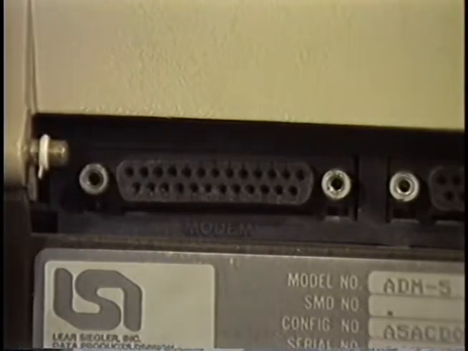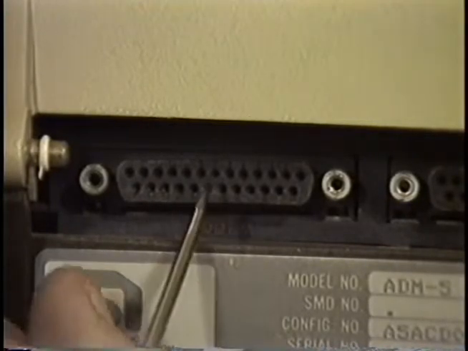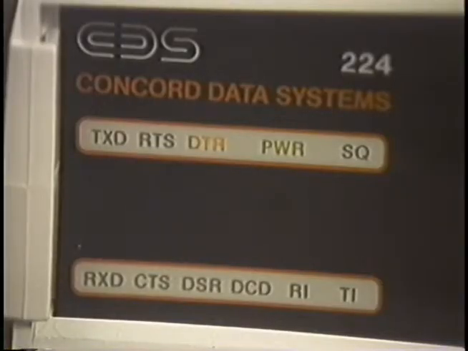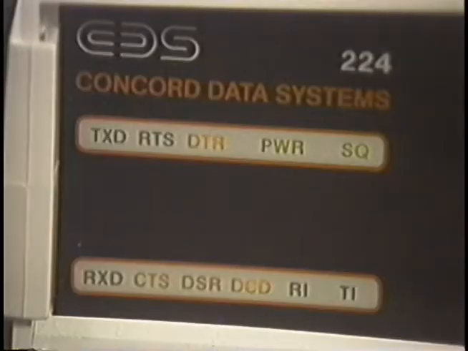Data terminal ready is the signal that comes from the terminal to the modem on pin 20 of the RS-232C interface cable. Modems are designed to require pin 20 to be turned on before they will answer a call and hold the line open. When the data terminal ready signal comes from the terminal or computer, the data call can be terminated by turning off the signal on pin 20.